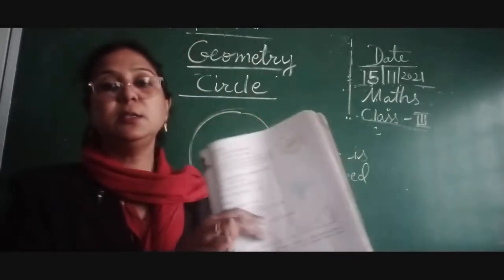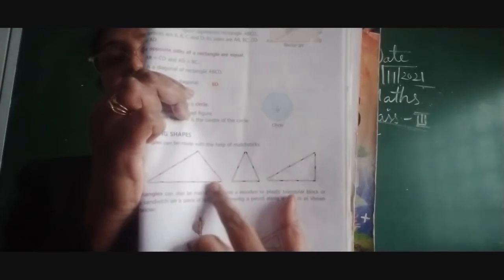So this is all you can see over here. It is shown over here that you can draw a shape with the help of the matchstick. Here you can see triangle, okay, diagonals also drawn over here or made with the help of matchsticks. So this is your activity to complete this.